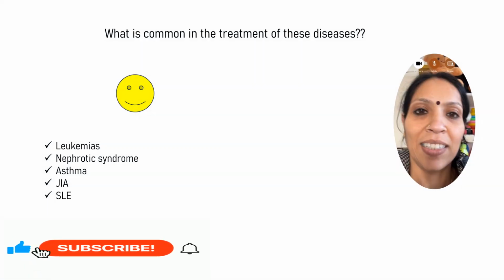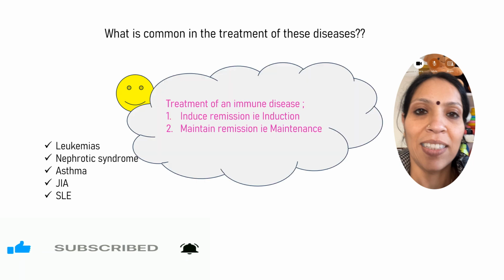So, the answer to the question as to what is common in the treatment of diseases like leukemias, nephrotic syndrome, asthma, JIA, and SLE is that treatment of all these diseases is by immunosuppressives, and whenever the treatment is by immunosuppressives, that is, the diseases have an immunological basis, you have two phases of treatment. In the first phase, you induce remission, that is, bring down the activity of the immunological cells to a certain level.